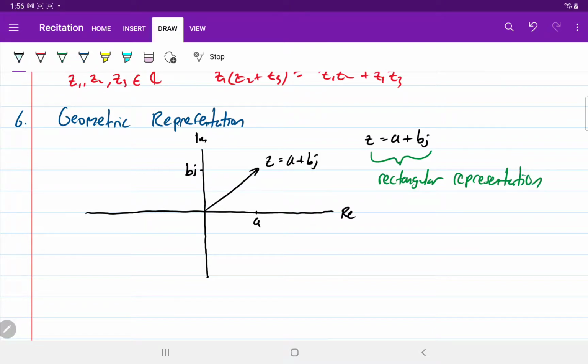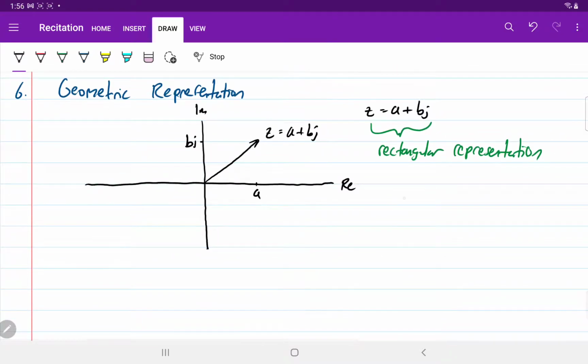But since we have a vector, now we can define the length of z. This is the length of this vector, which by using trigonometry is nothing but the square root of a squared plus b squared, and by defining this angle as theta, we know that the tangent of theta is b over a.